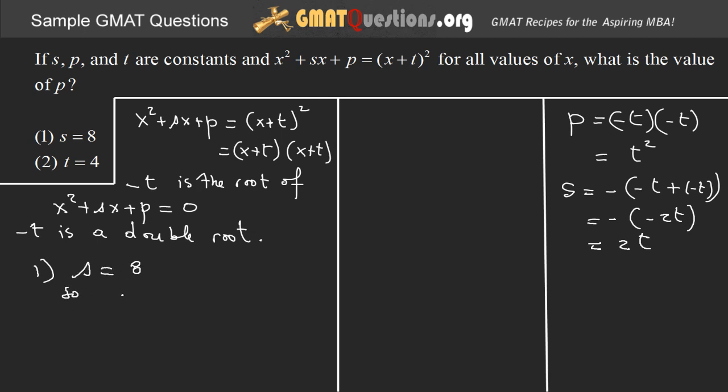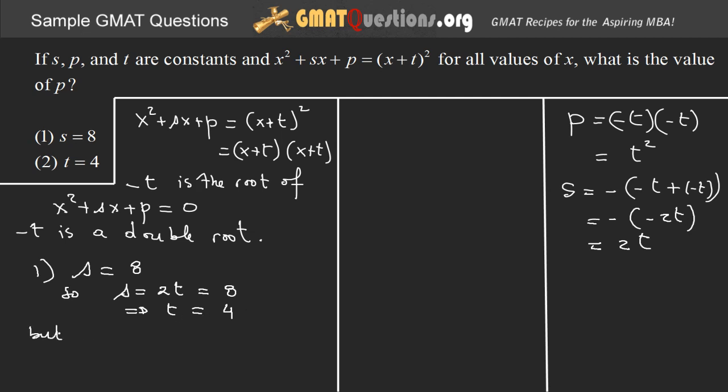So s has to be equal to 2t, equal 8. S is equal to 2t. We have demonstrated that. So this means that t is equal to 4. But we're not being asked to find t, we are being asked to find p.